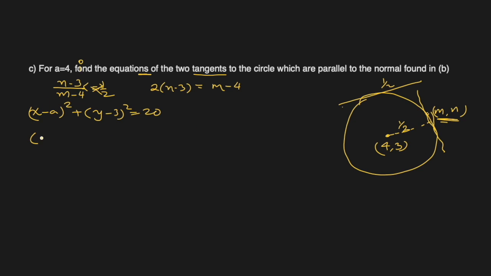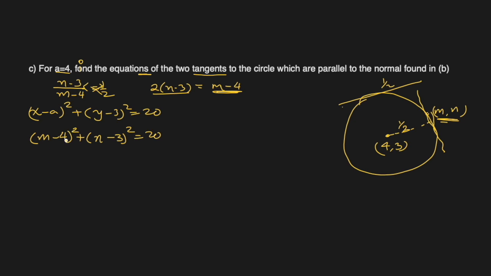x is m, minus a is given as 4, plus n is the y coordinate, minus 3 squared equal to 20. Here we know that m minus 4 is equal to twice (n minus 3).